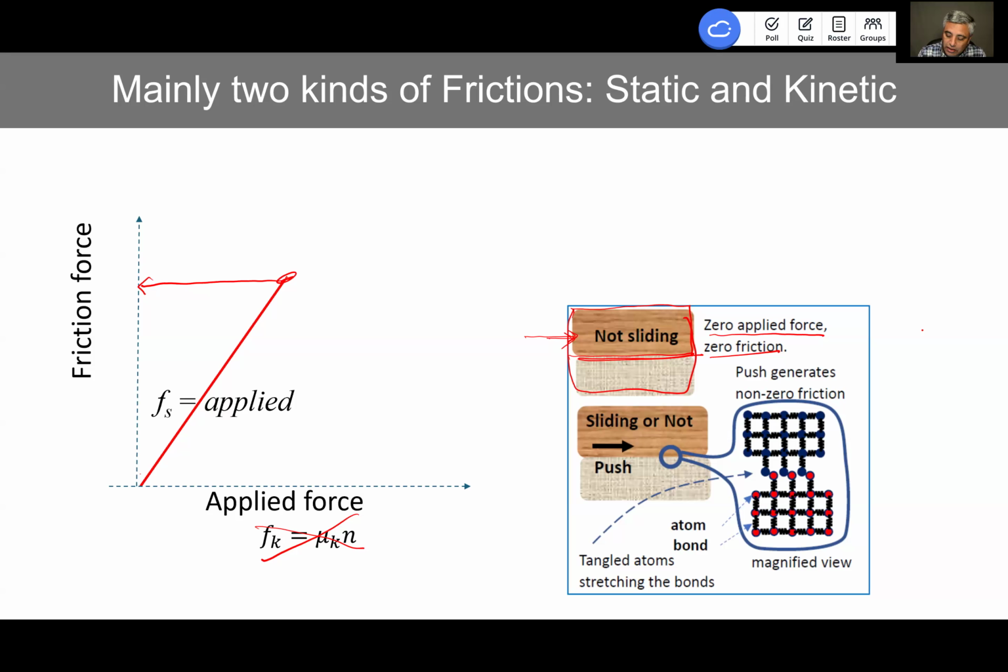And we've been denoting friction force by lowercase f. Since this is static, we're going to put subscript s for static. Static friction force can be anywhere from 0 to some maximum value for given two surfaces.